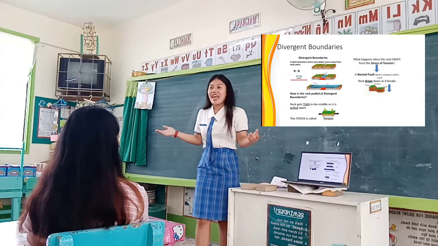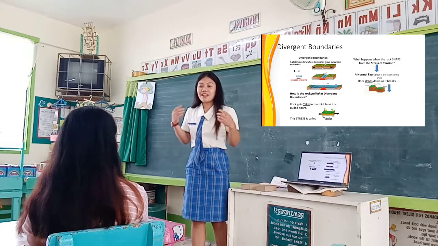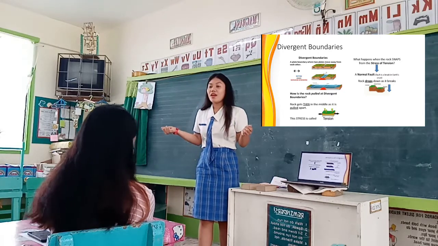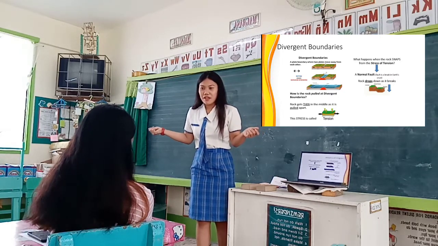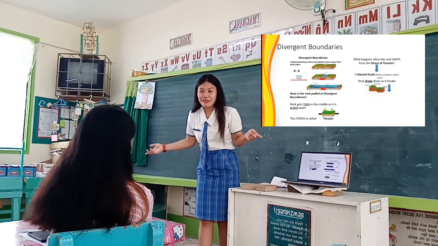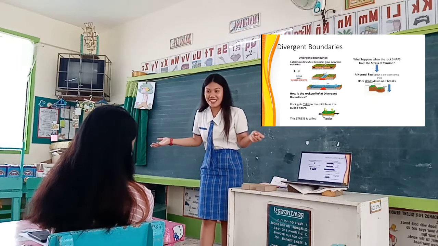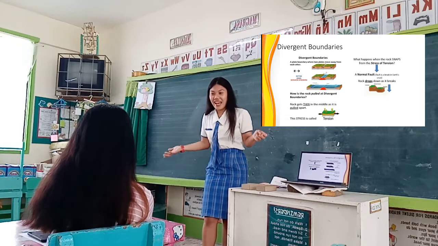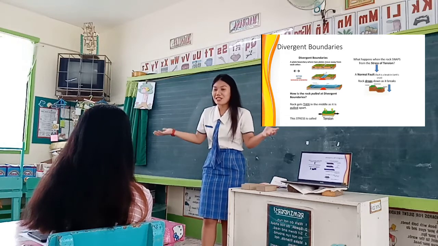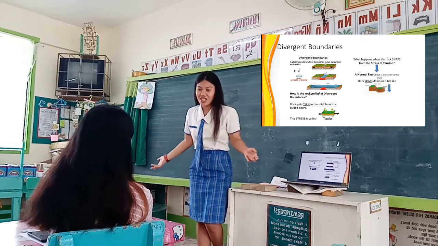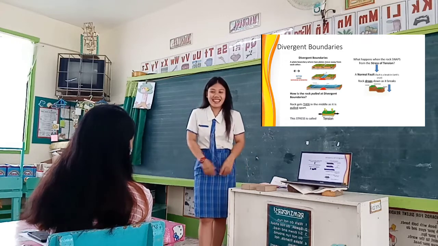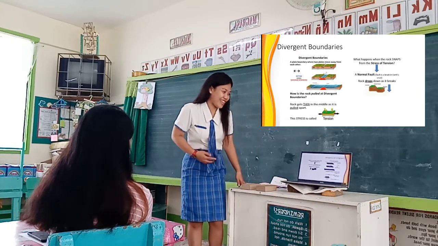You, in the middle of them, will be pulled away from each other. What do you think will happen to you? You're going to have stress. If you are stressed, then your two friends will have tension. That is what you call the divergent boundaries.